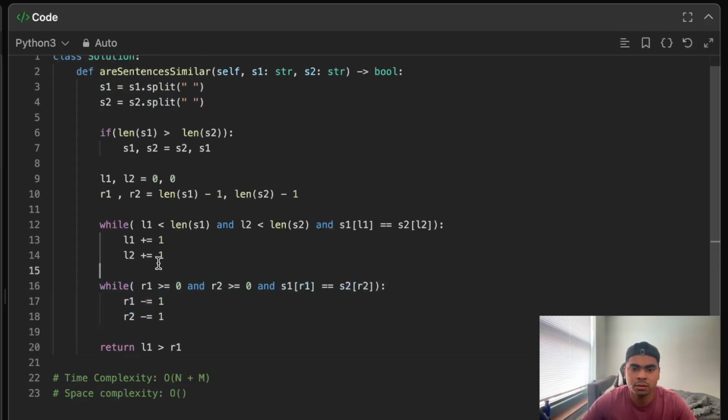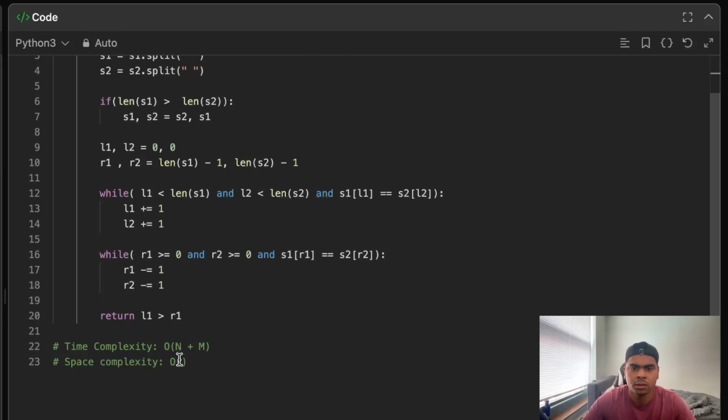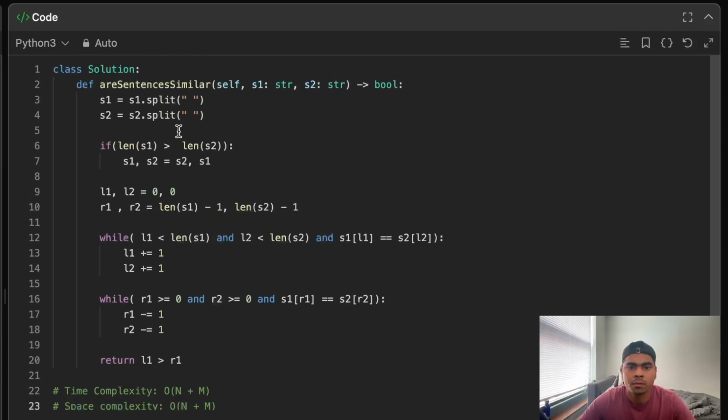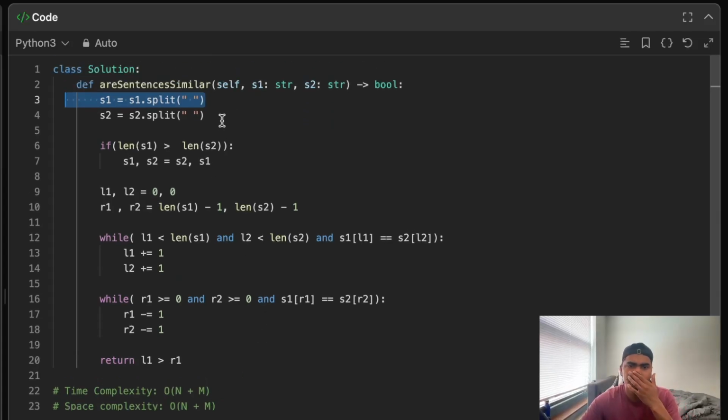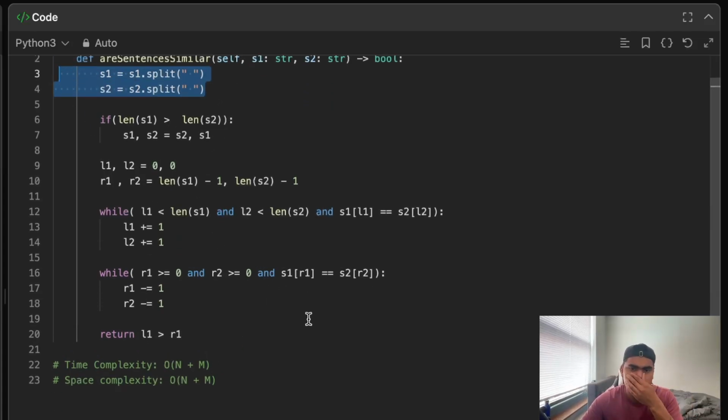This is because we're doing a double pass, and it can max go up to the length of S1 and S2. In this case, you can also consider this as the maximum length of both of these. So this is also going to be big O of n and m, since you're combining both of them, or it could be just max of m and n, since these are two different cases.